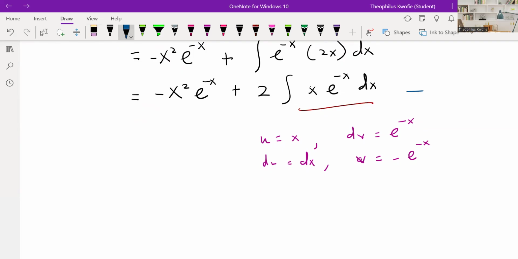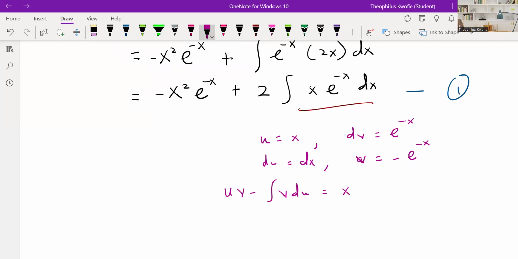I can call this equation 1, then I will rely on that again. So I'm trying to reestablish something here. According to that, our formula is uv minus the integral of v du, right? What is u?